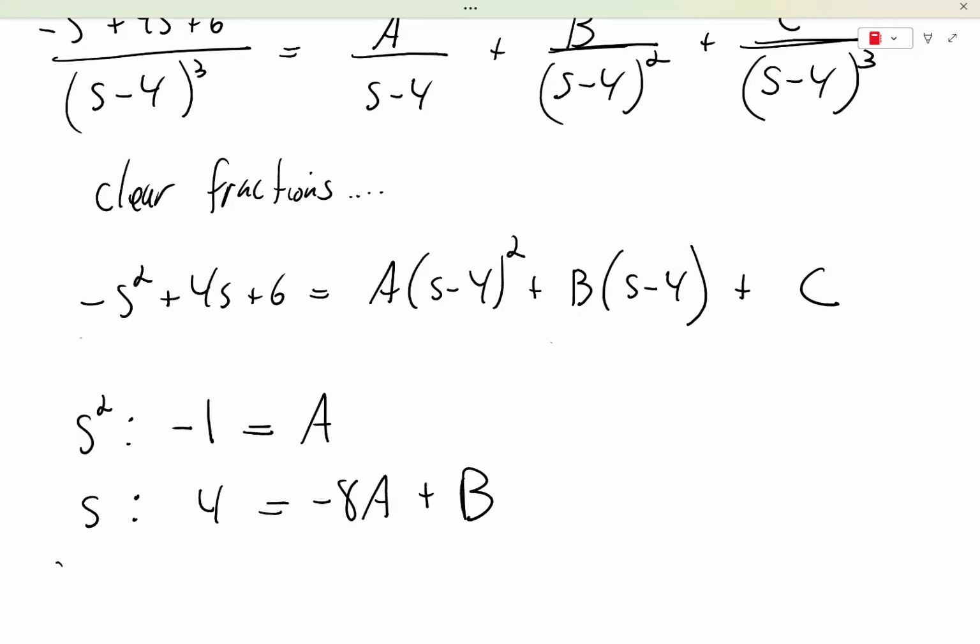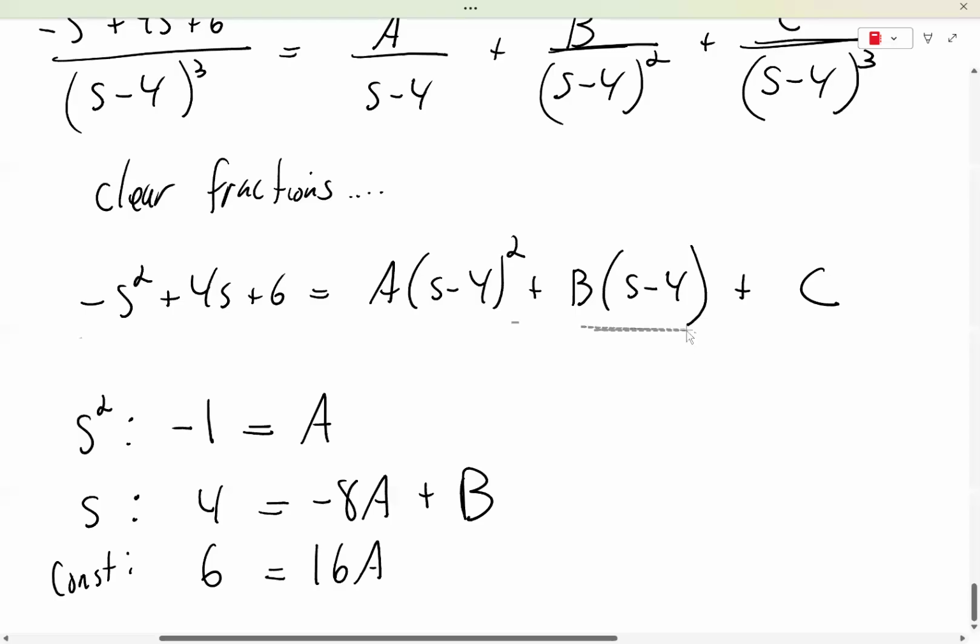Now if you look at the constants, what's on the left? 6. And now look at the right side. You multiply this out. What kind of constant would you get there? You get 16, and then you take the A through it at the end. 16A. You get a constant there. Any other constants?